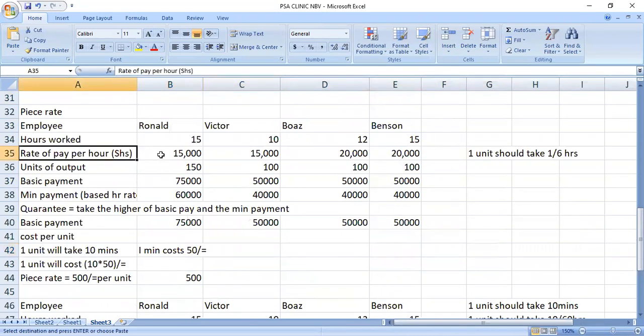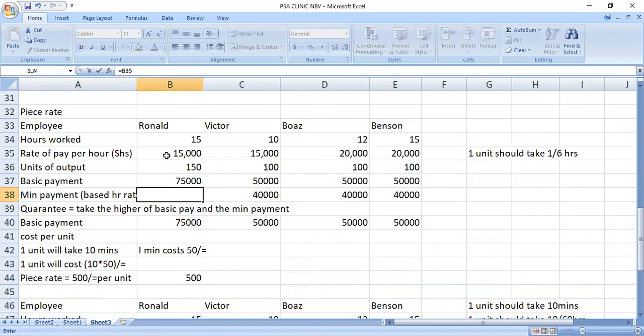Assuming you had this information, and they're saying that your minimum payment under guarantee, instead of 80%, is based on the pay computed from the output. Maybe the minimum payment is based on the hours worked. This is how it would look: the minimum payment will now be this times 15.